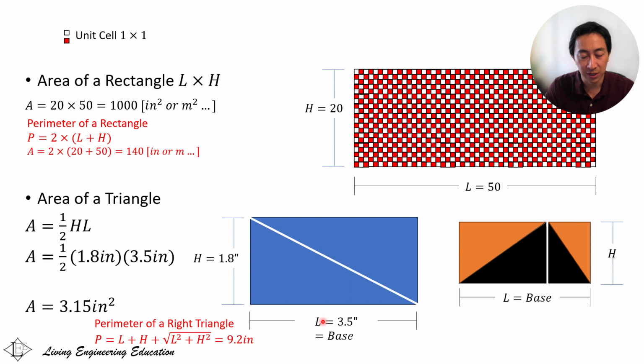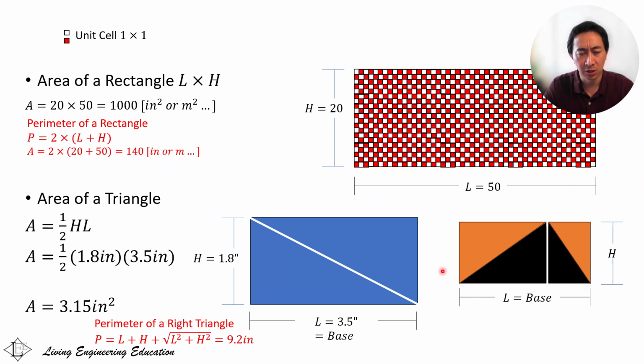H squared plus L squared would equal this diagonal squared. So if I just want the diagonal, I'll take the square root of that and solve for it. If you have something that's not a right triangle, you can break it up, and the perimeter is just this length plus this length plus this length here.